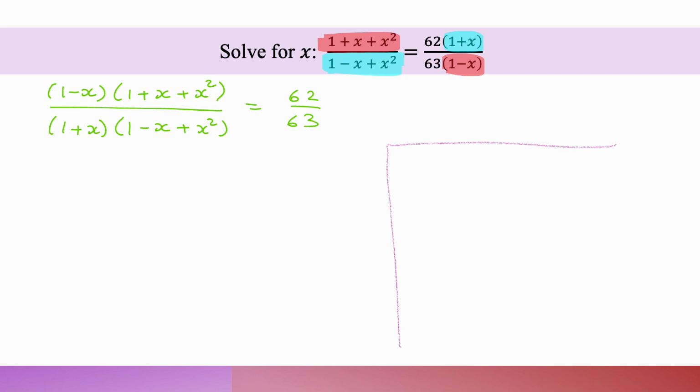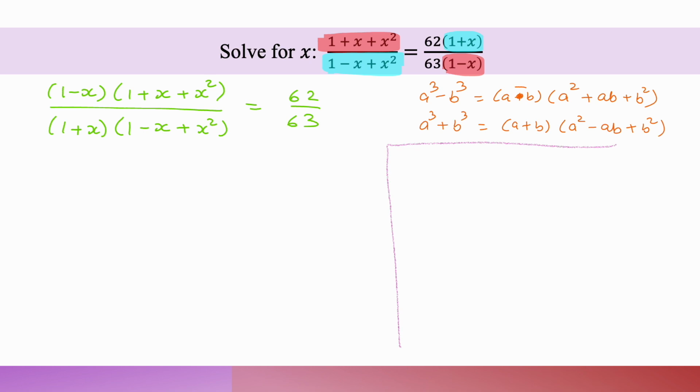So in the numerator it is the identity of a cube minus b cube, which is (a minus b) into (a square plus ab plus b square), and in the denominator it is a cube plus b cube, which is (a plus b) into (a square minus ab plus b square).